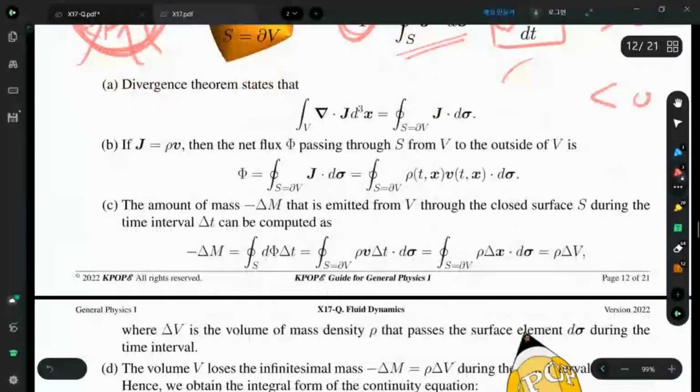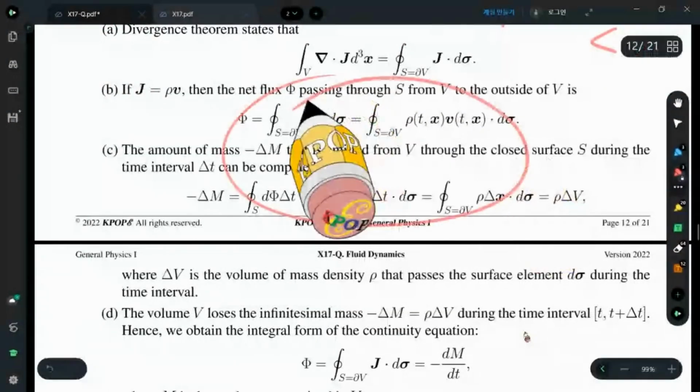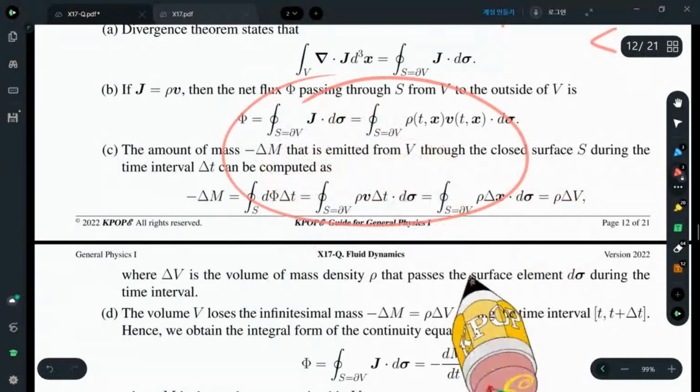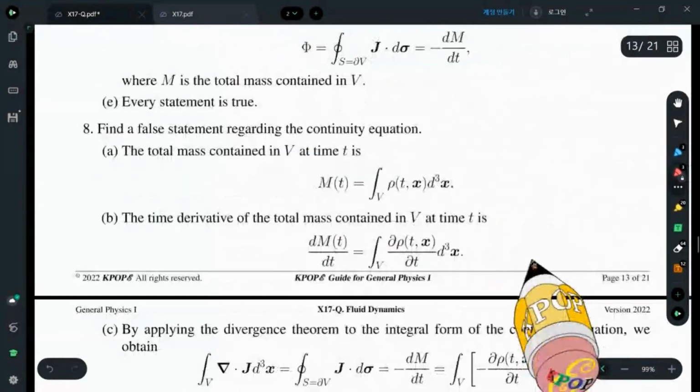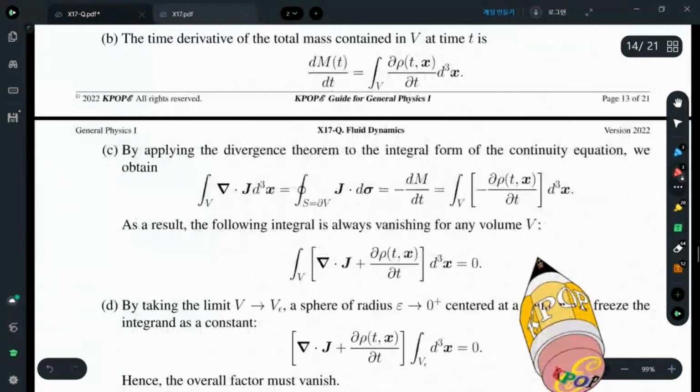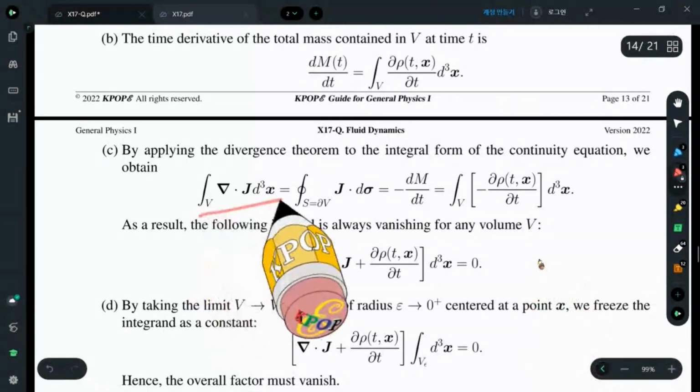All right. This one shows what I have told you. Let us consider this volume integral.